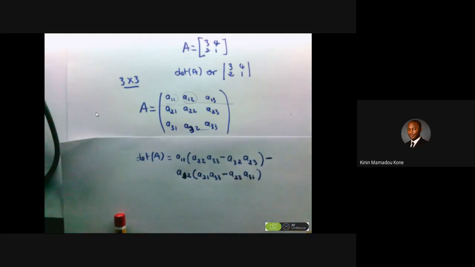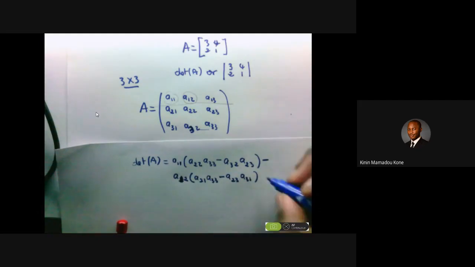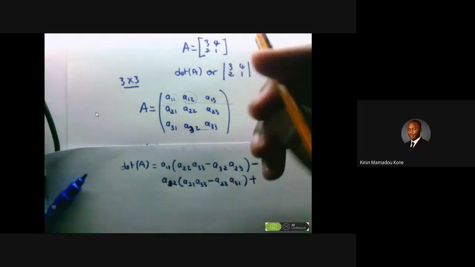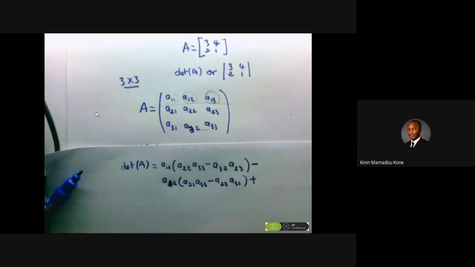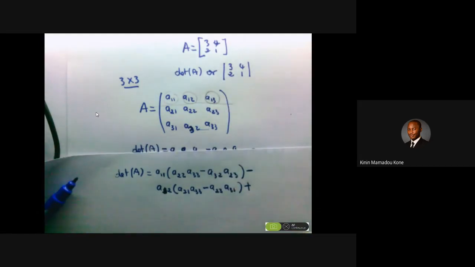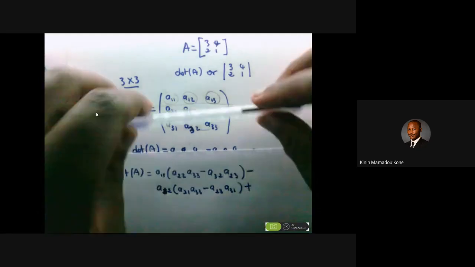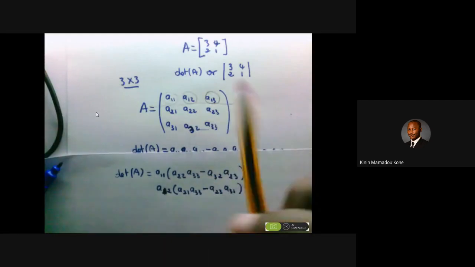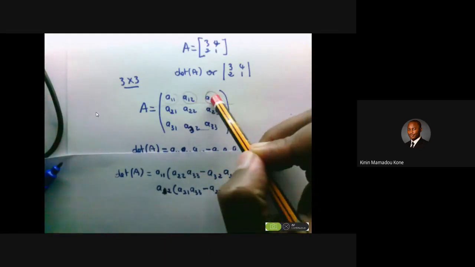Okay, plus, I'm now taking the third one. You will see where we are going, but be patient and bear with the process. The third one here, we take this row. It says first row and then third column.